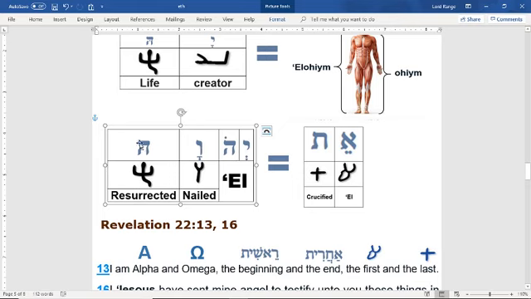Next, we have the Vav and the He. When we translate that back to the ancient Hebrew, it is nailed and resurrected. So basically what you have here is El, the creator of all living, nailed, or you can say crucified, and resurrected.